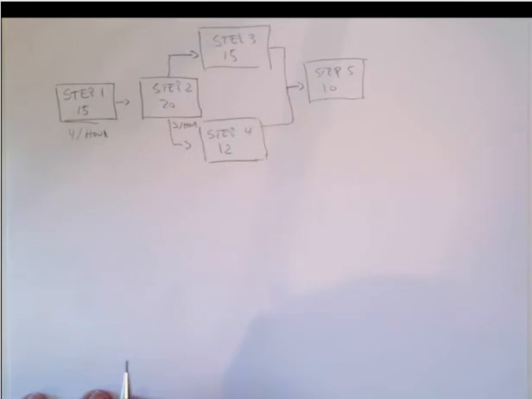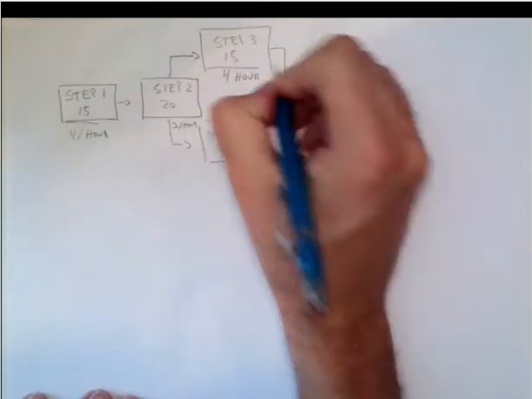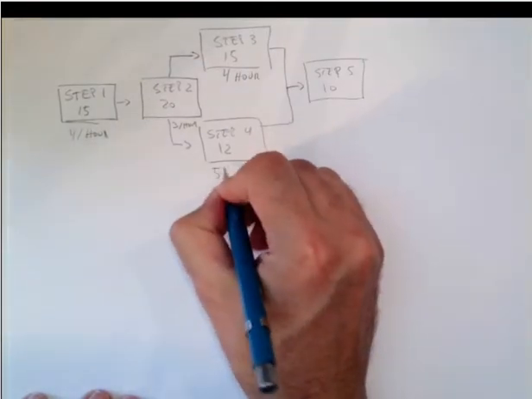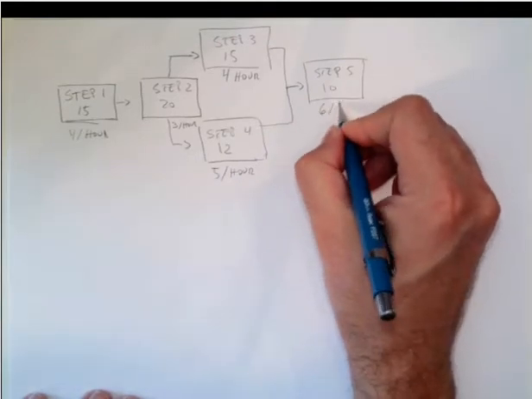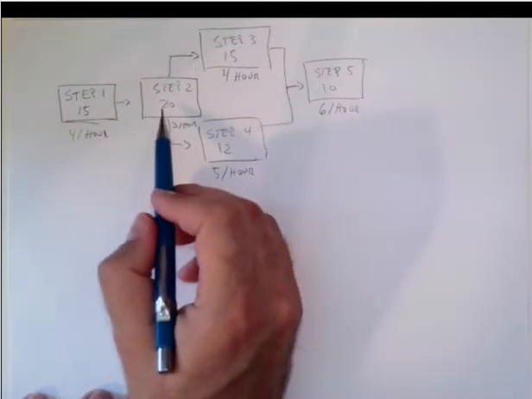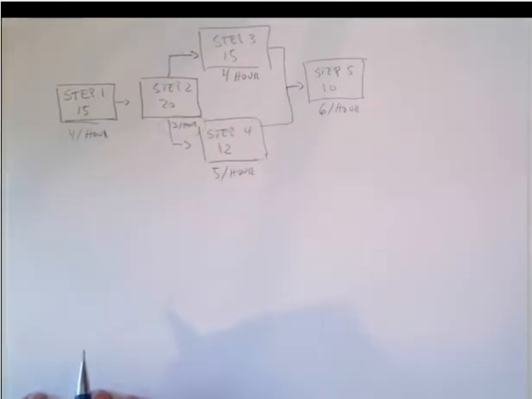This is 15 minutes, that's 4 per hour. This is one every 12 minutes, so it is 5 per hour. And 10 minutes is going to be 6 per hour. Now it's easier to see which one is the bottleneck. Step 2 is the bottleneck because it can only produce 3 per hour.